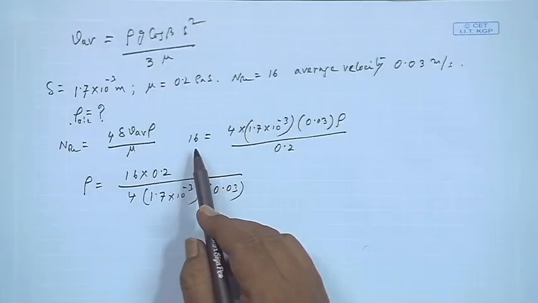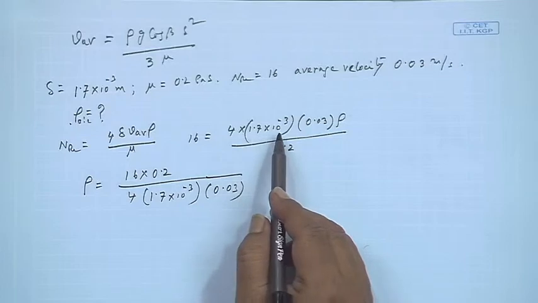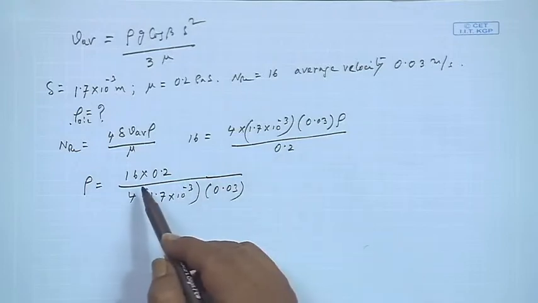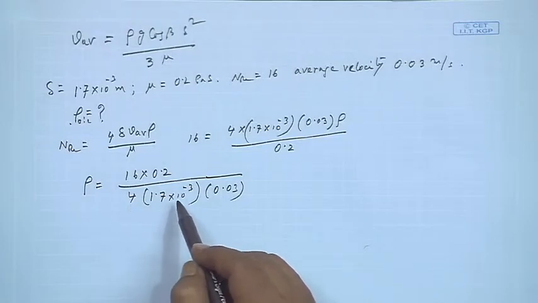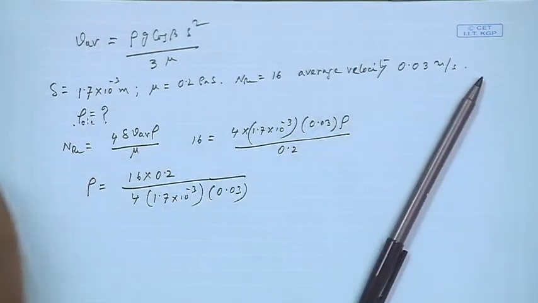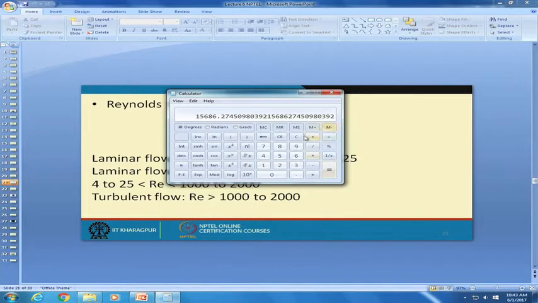So that is 16 given 4, 1.7 into minus 3, 0.03 rho by 0.2. So 16 into 0.2 by 4 into 1.7 into minus 3 into 0.03. Yes, we have not done anything wrong. So let us check the calculations once again, to see where it has gone wrong, whether at all.